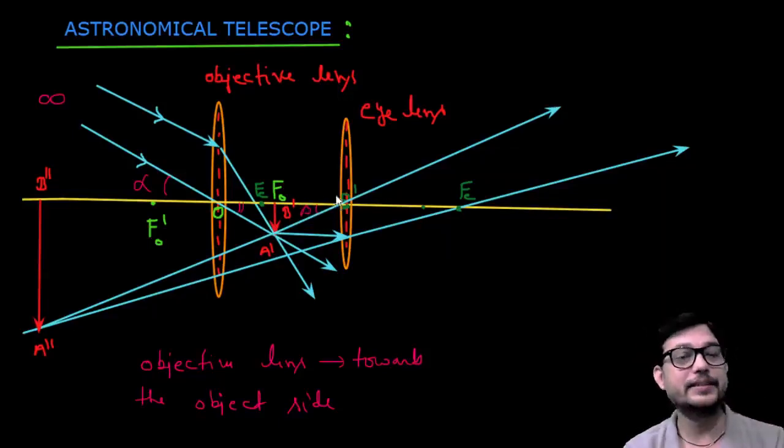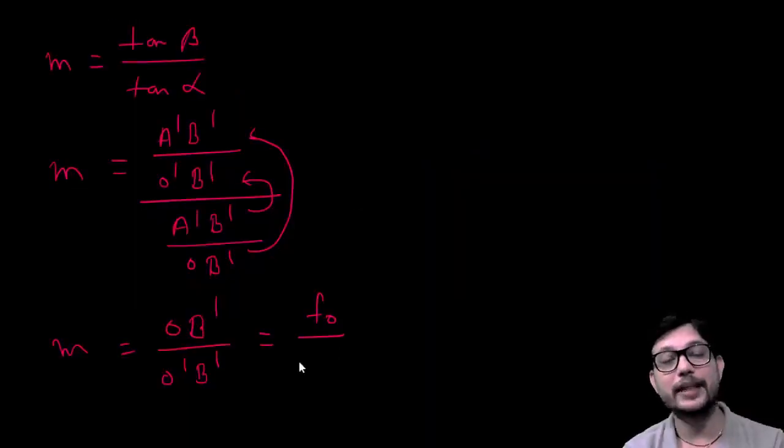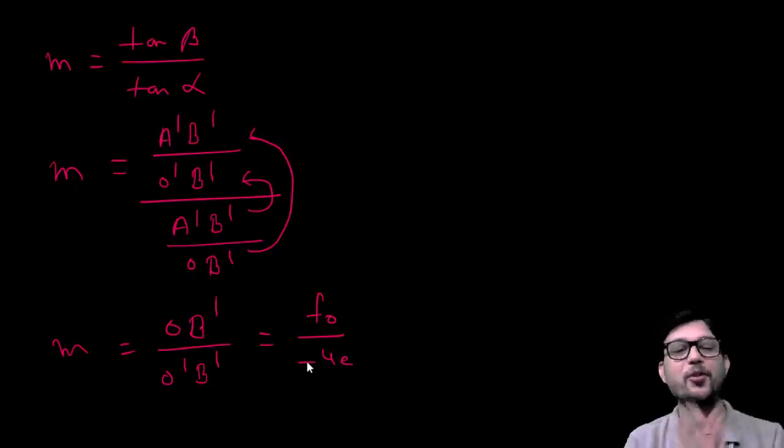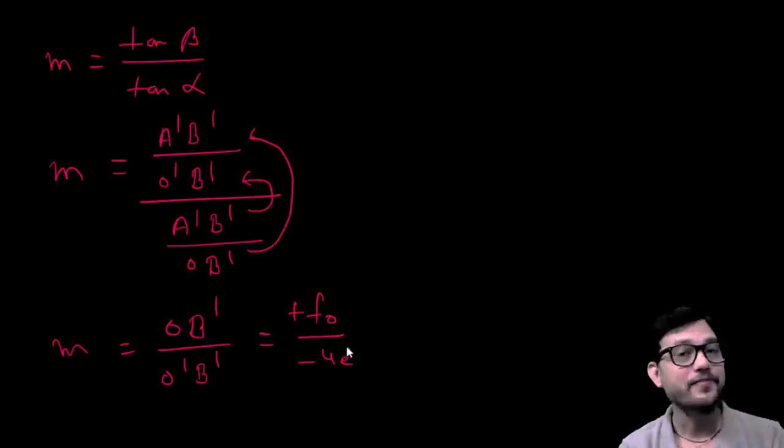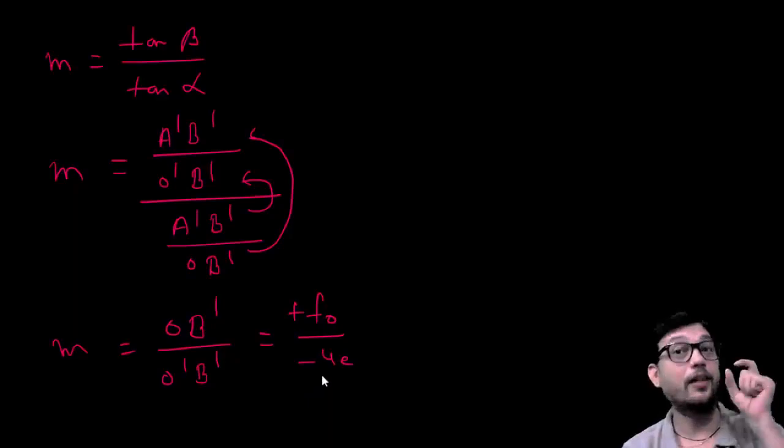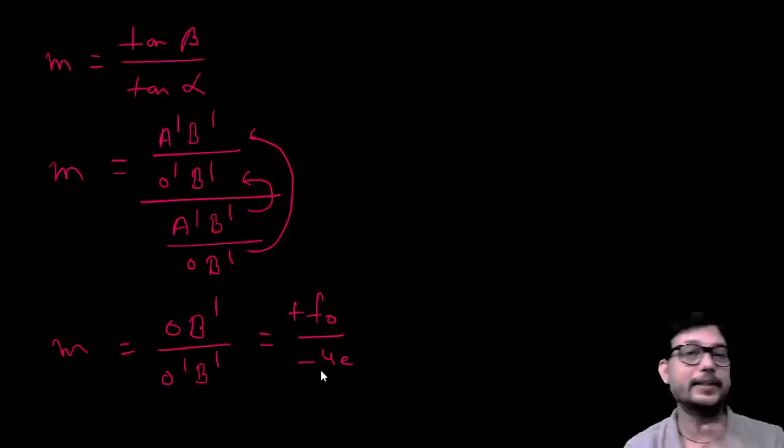It means this is the object distance, represented by UE. So here we put the value minus UE according to sign convention. So OB dash is plus FO, the focal length, but O dash B dash is the object for the eye lens, that's why it is written as UE. So this is the value of m.